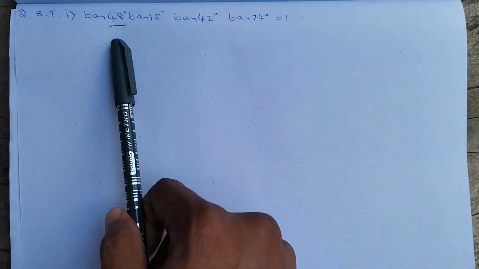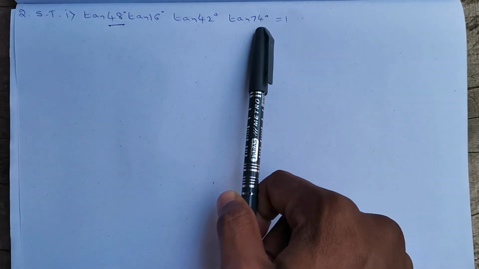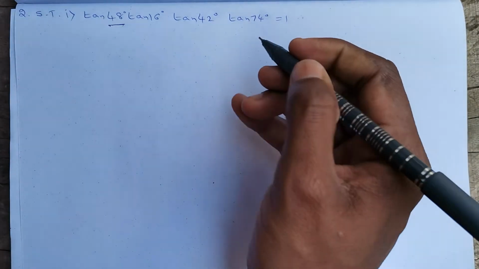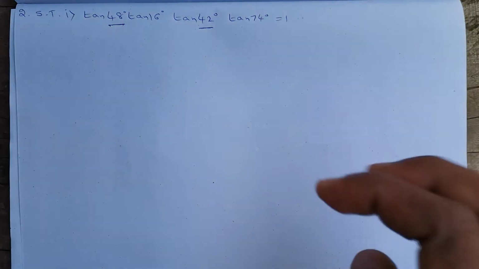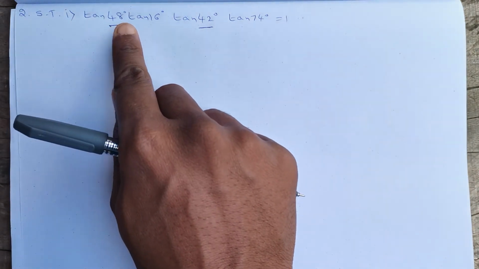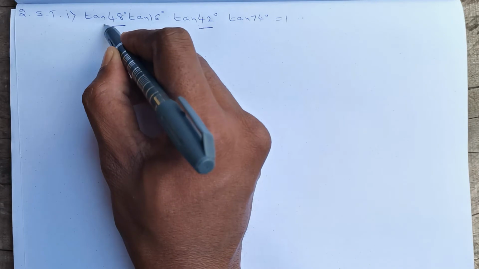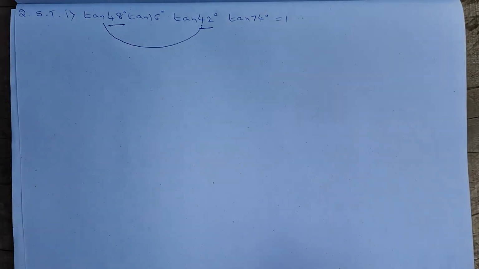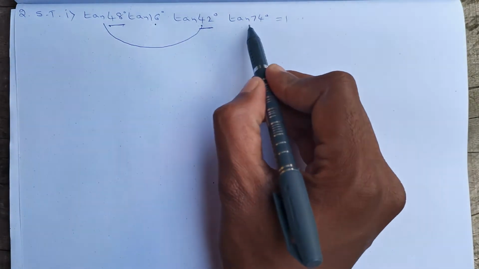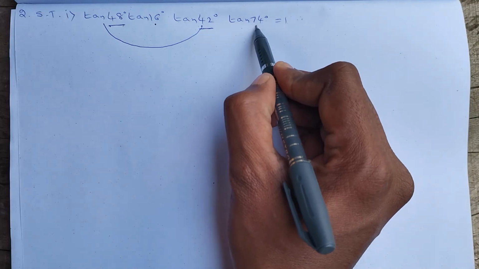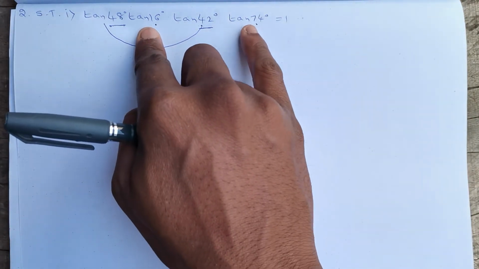For 48 degrees, which angle if we add will we get 90 degrees? That is obviously 42 degrees. 48 plus 42 becomes 90 degrees, so I will pair these two. Then 16 plus 74 becomes 90 degrees, so I will make a connection between these two.